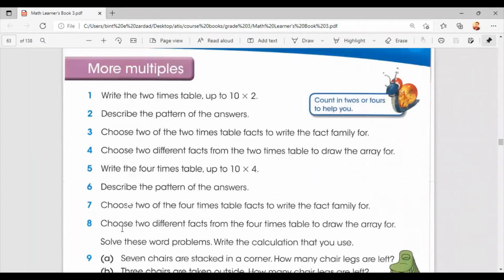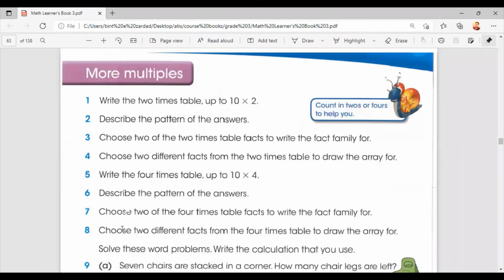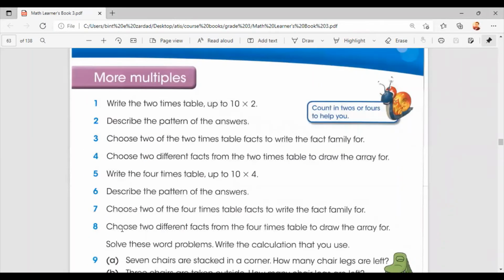More multiplication. Write the 2 times table. Describe the pattern. In the 2 times table we are using the pattern of 2. Every time we are increasing each number by 2. All the numbers are even. Each number is 2 more than the one before.